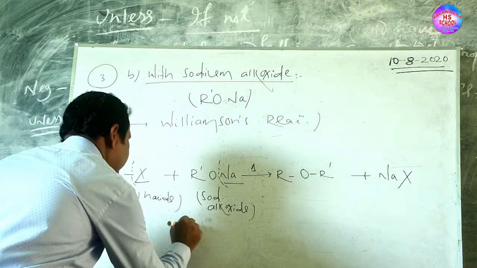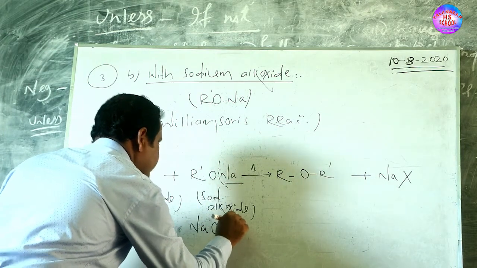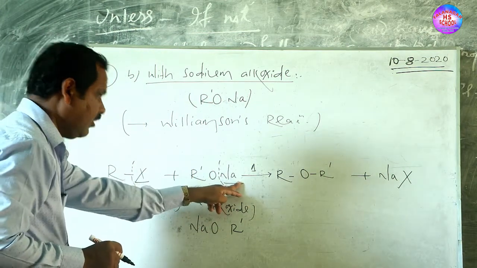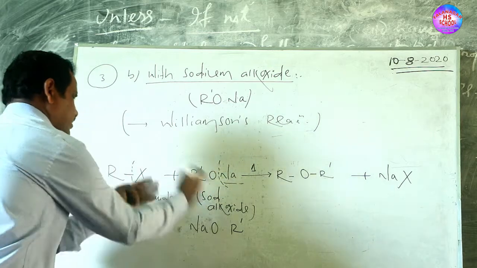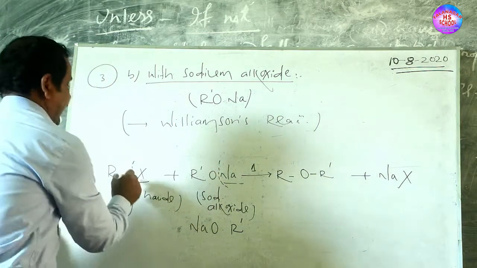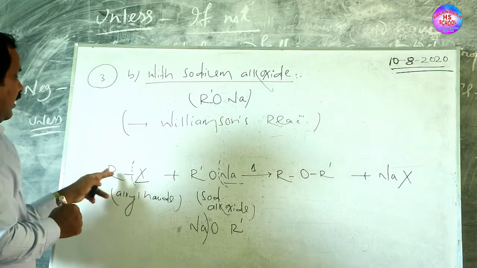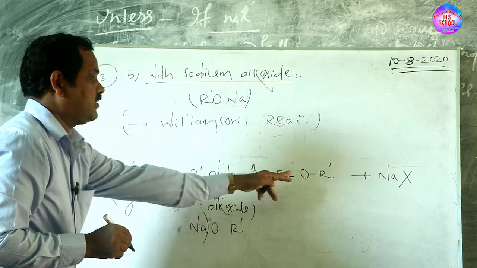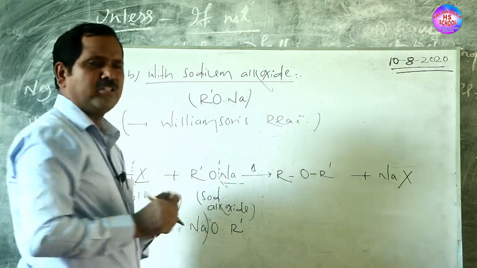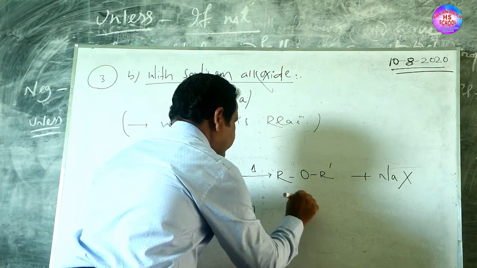We write NaOR dash, or R dash ONa. Just opposite. So the Na bond breaks, we get sodium halide, and RO and R dash combine. We get the product. Here, this compound is called ether.